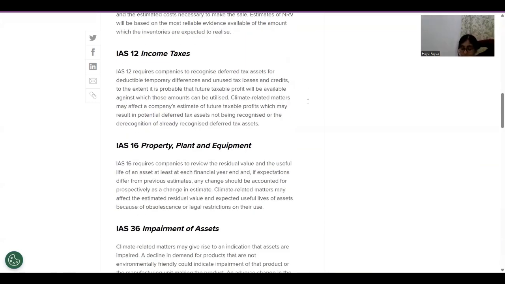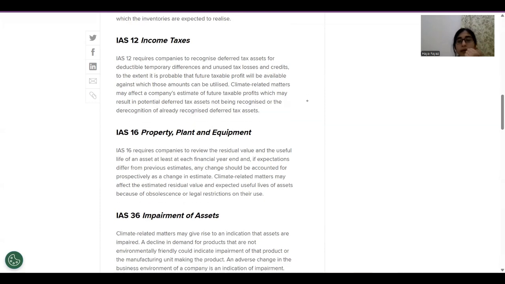Then IAS 12 Income Taxes. So companies should recognize deferred tax assets. Yes, probably in the future. So, usually we have read everywhere that only if you have enough future taxable profit can you utilize those tax losses that you have previously recognized as deferred tax asset.